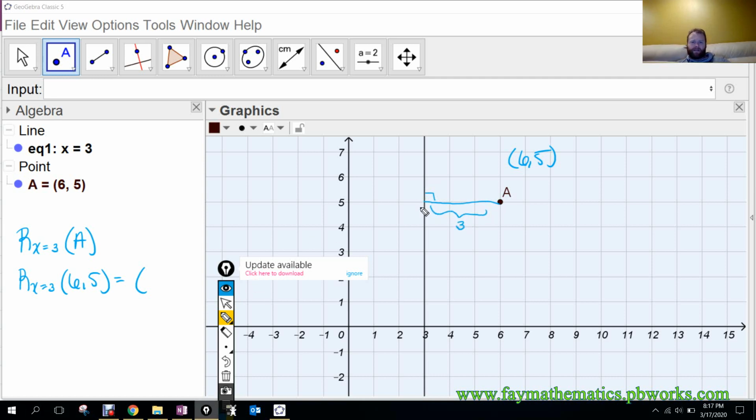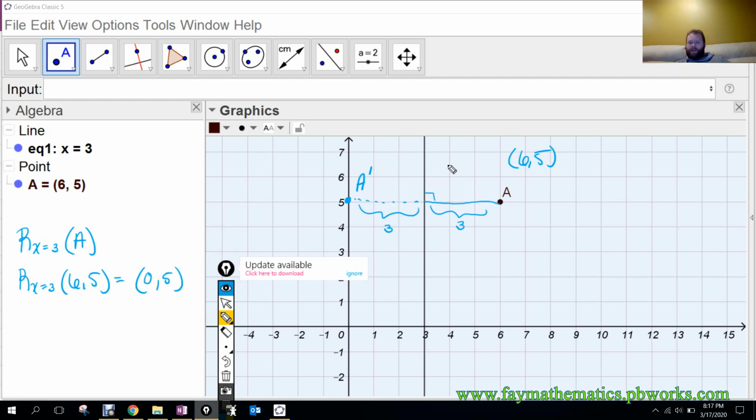So when you reflect, that reflection distance should also be 3. So A is going to go right there, and we'll call it A prime. So now 6, 5 reflected over line x equals 3 is going to become the point 0 comma 5.